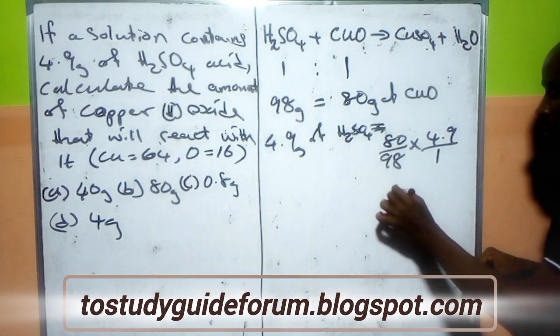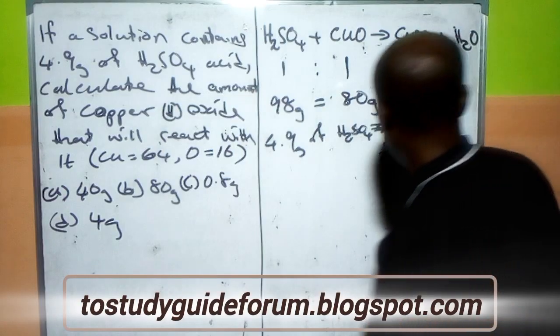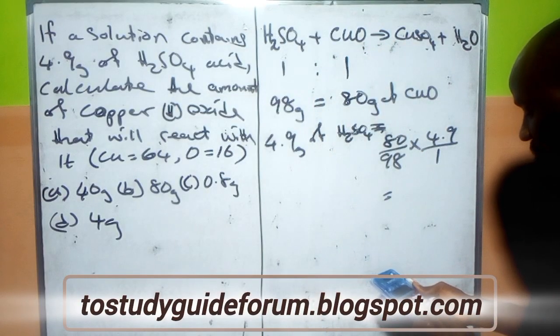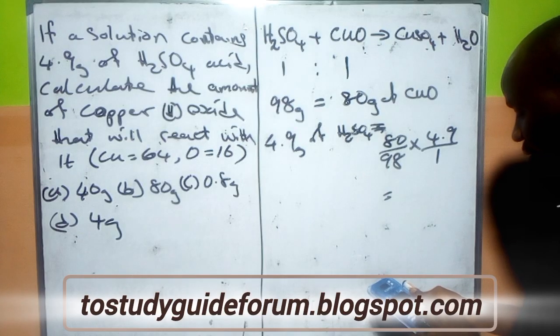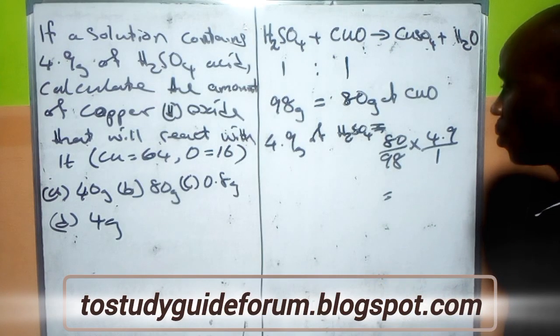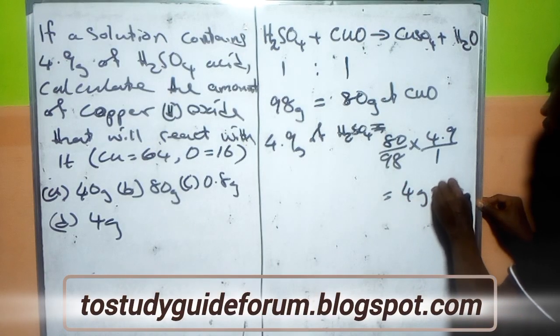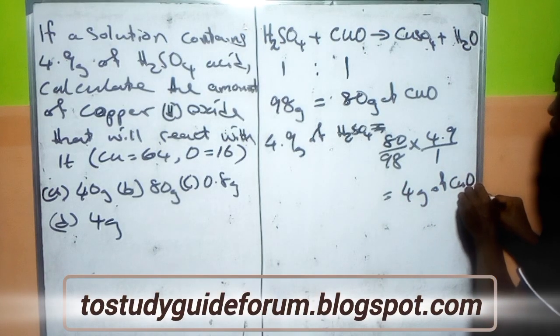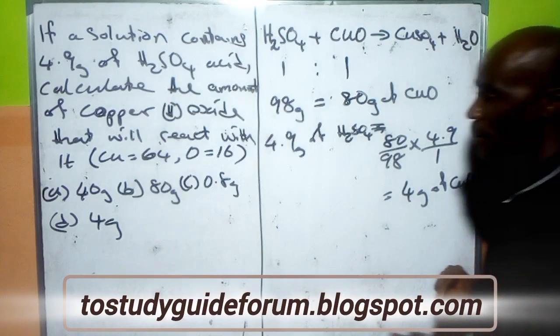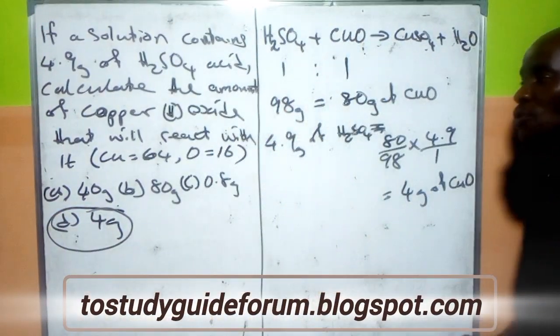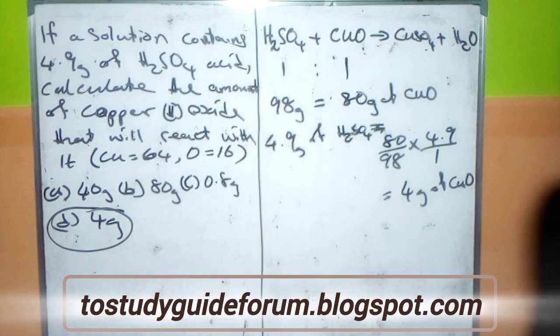Let me try it with the calculator. We have 80 times 4.9 divided by 98. So what we have here is 4 grams of copper oxide. So the correct option is D. This is just one of the ways of solving this problem.